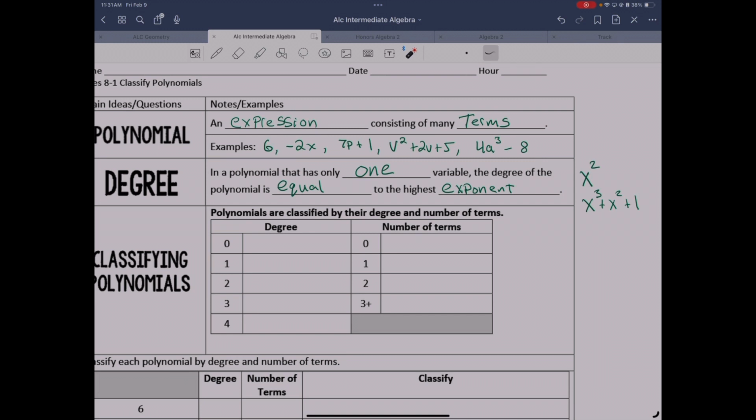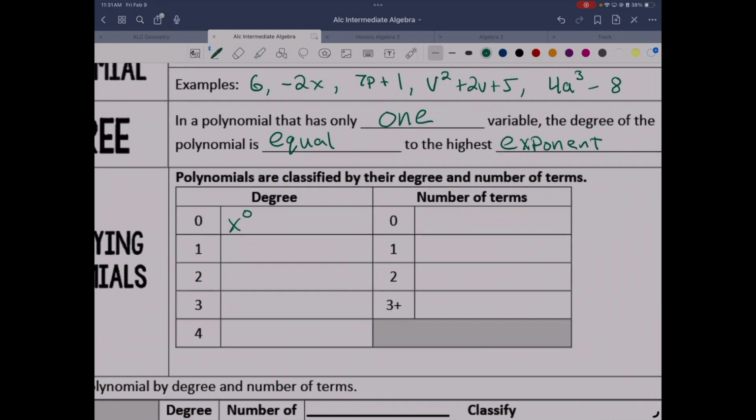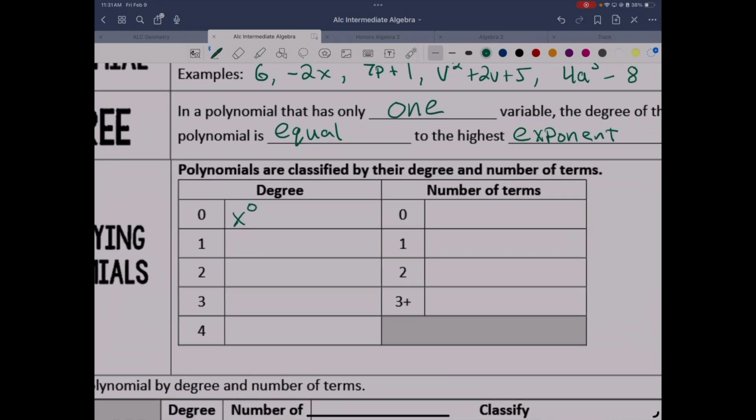So now that we can see what those degrees are, we're going to give them terms. If it has a degree of 0, an example would be x to the 0 power, and this needs to go into your notes. It has a name, and we want to be able to name them.